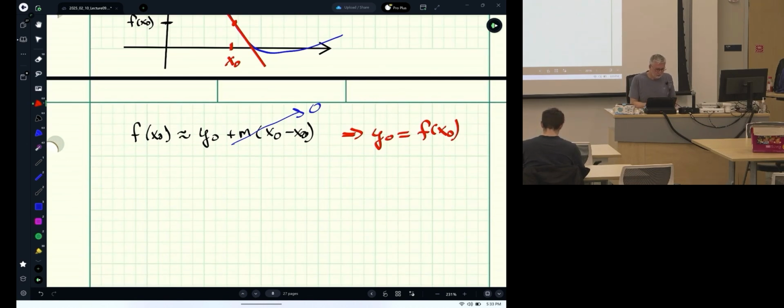Okay, and then let's go back to, so this is now f of x0. And let's solve for m and see if we can recognize it.